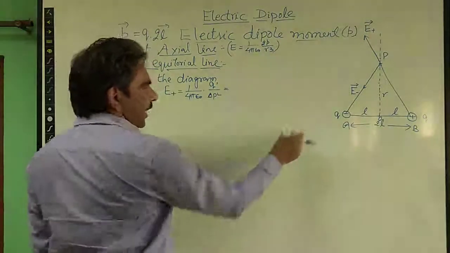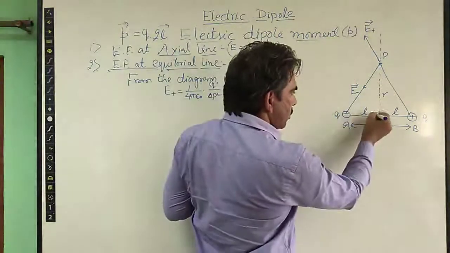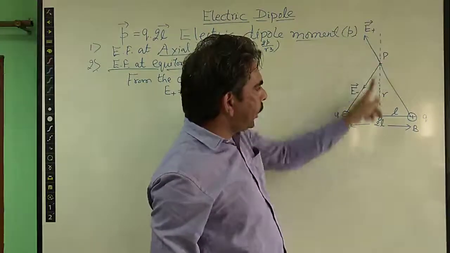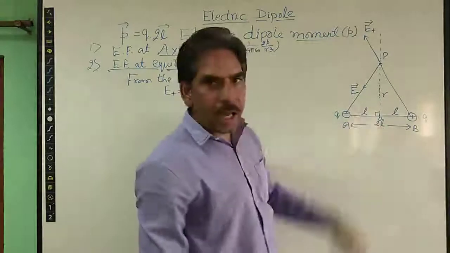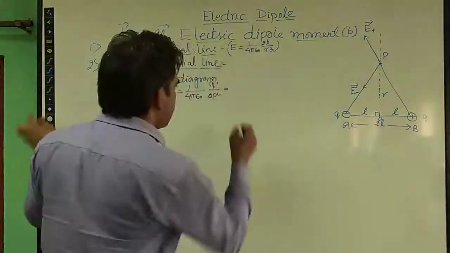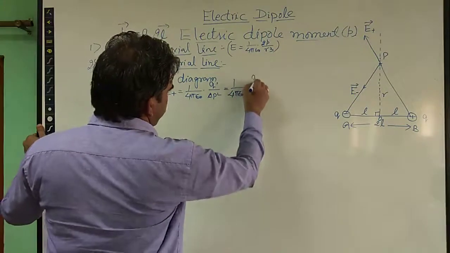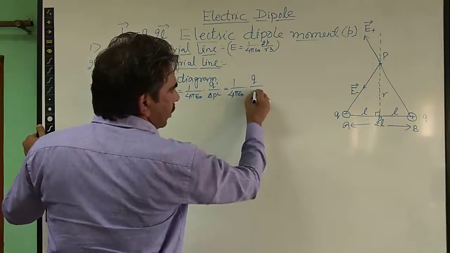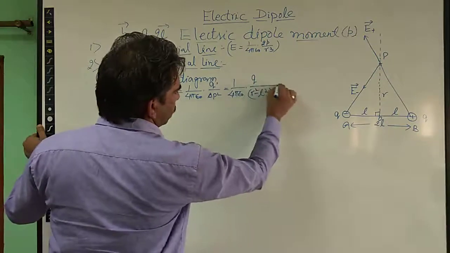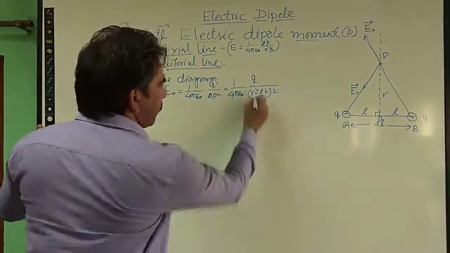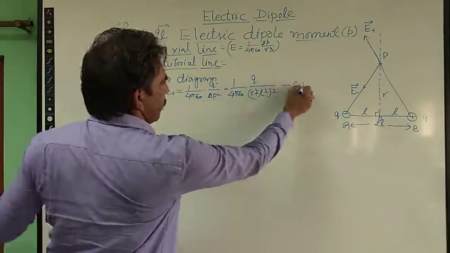Okay, so this AP, it is the hypotenuse of this triangle APO. So in this case, AP square is nothing but L square plus R square, or we can say R square plus L square. Simply it becomes 1 upon 4 pi epsilon naught into q upon r square minus L square power 2. Sorry, plus. So this is equation number 1.